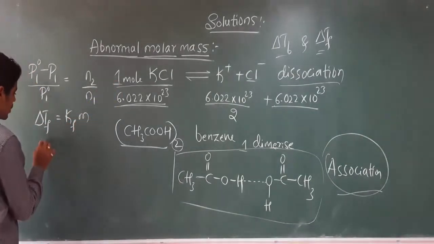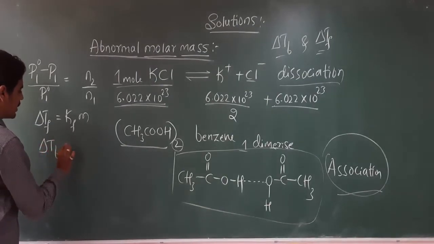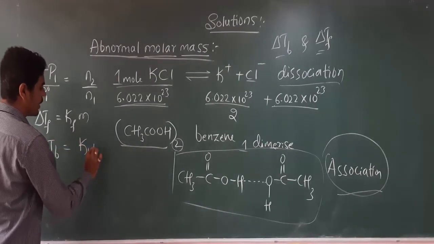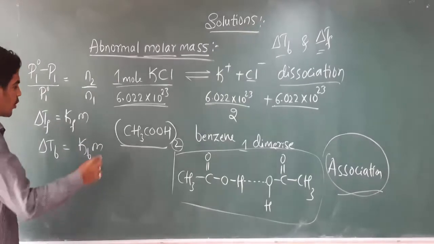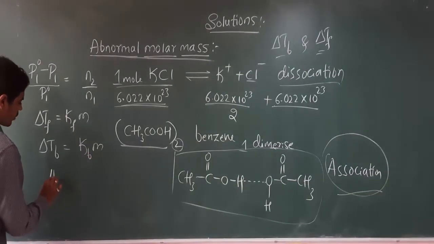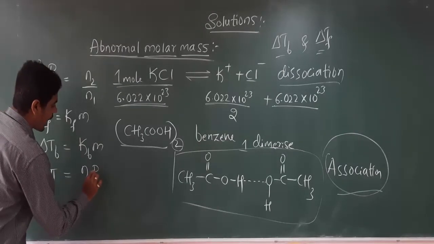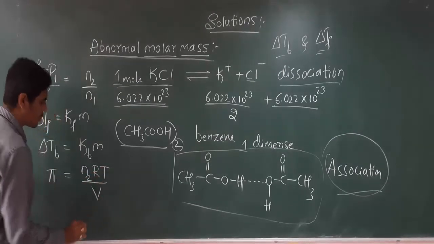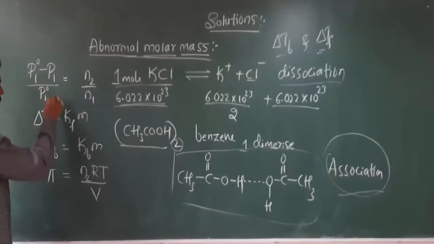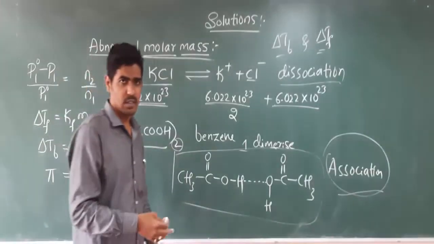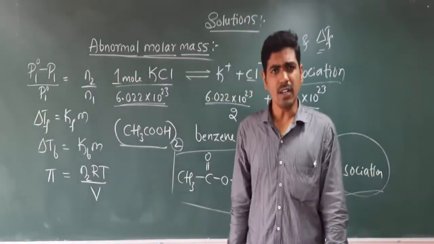For elevation of boiling point, delta TB is equal to Kb into m. And for osmotic pressure, pi is equal to N2 RT divided by V.